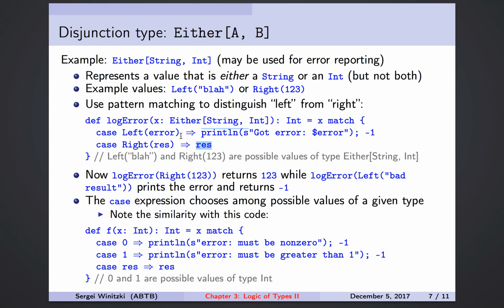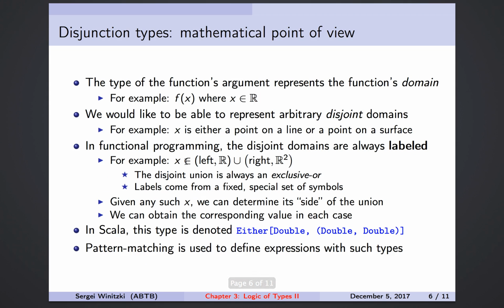Now, how can we interpret this code? What does it mean? Case Left error, case Right result. It means these are actually possible values of this type. So this and this are specific possible values of this type. Remember that we had this labeled disjunction.